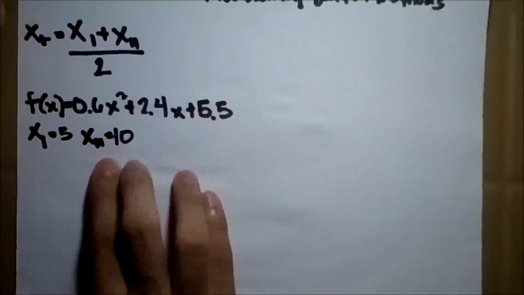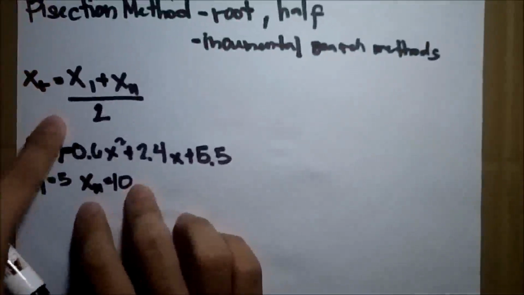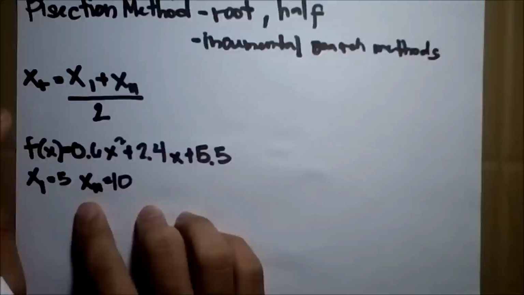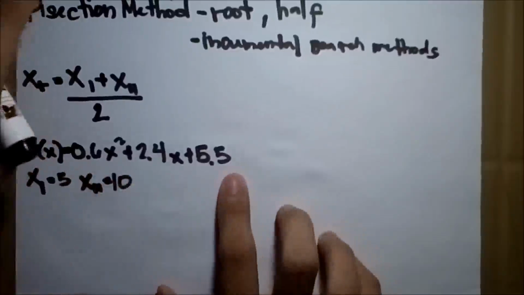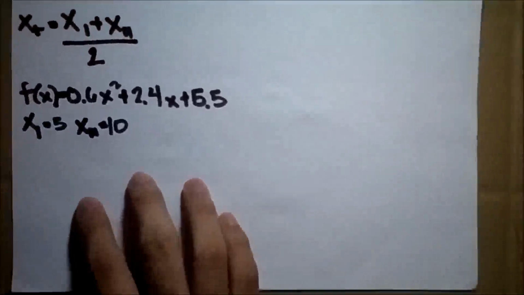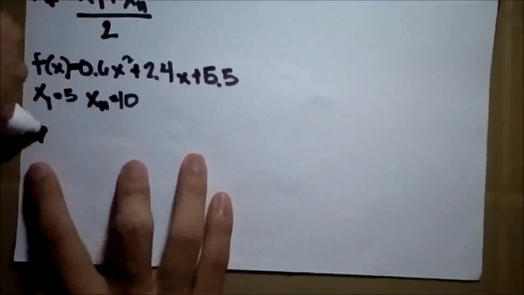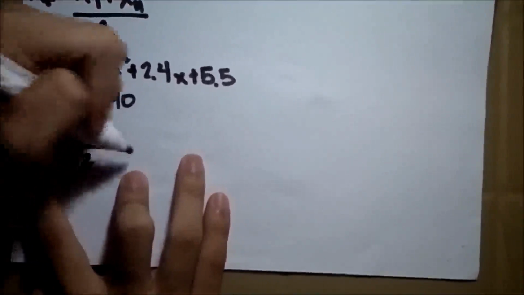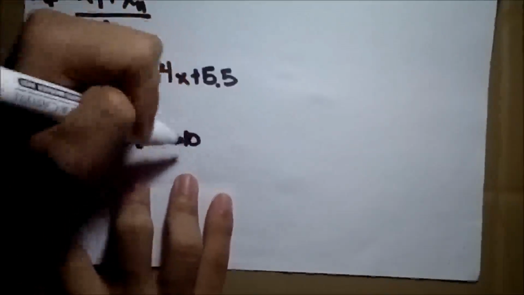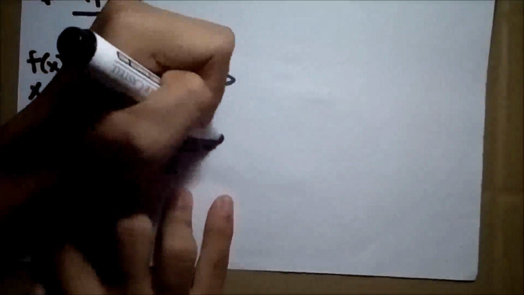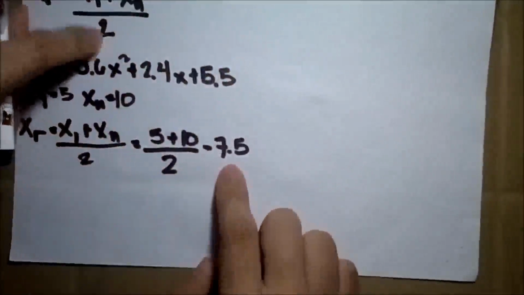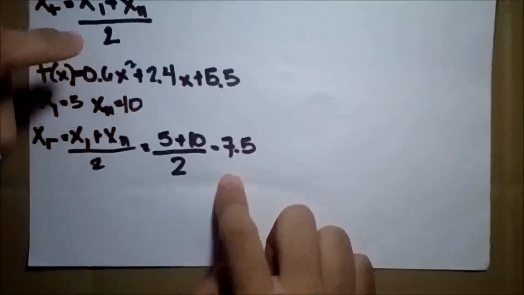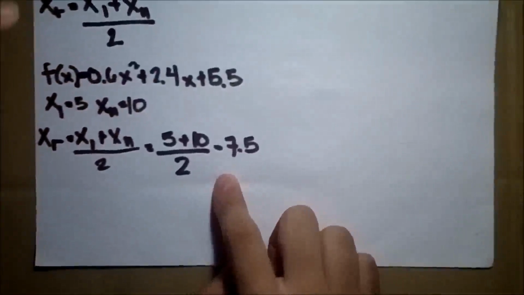These will be used in the formula x sub l plus x sub u over 2 to determine the real highest root of this equation. So x sub r equals 5 plus 10 equals 15 over 2, which is 7.5. This 7.5 is the midpoint of 5 and 10. Between the two intervals, we can find the real highest root.